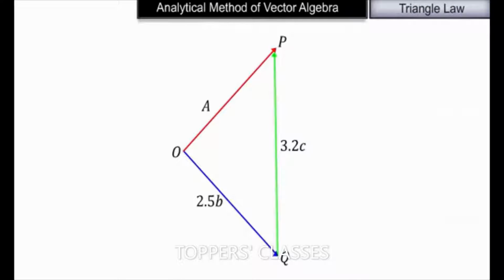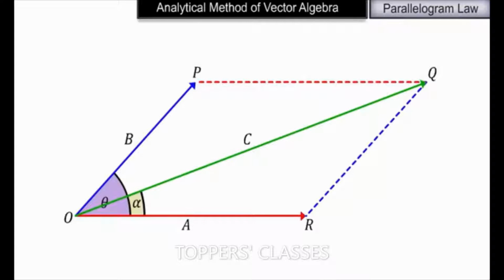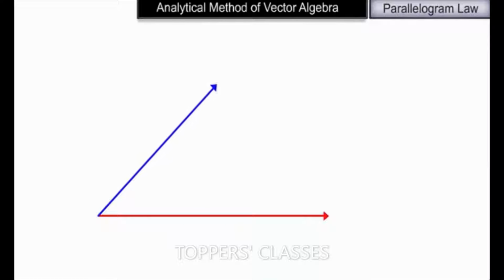Earlier, you learned the addition of vectors by the analytical method using the triangle law. Now, you will learn the addition of vectors using the parallelogram law. Consider two vectors A and B passing through a point O. The angle between them is theta. To find the resultant C of these two vectors, complete the parallelogram with A and B as adjacent sides.